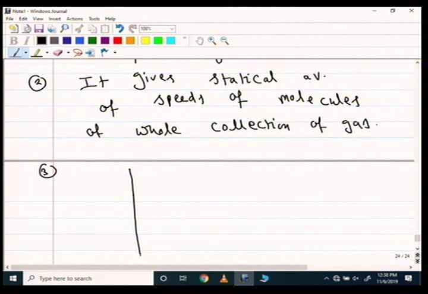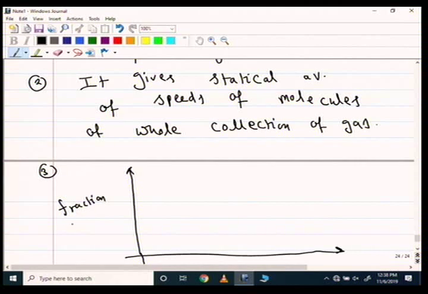We have got a bell kind of graph. This is fraction of molecules.